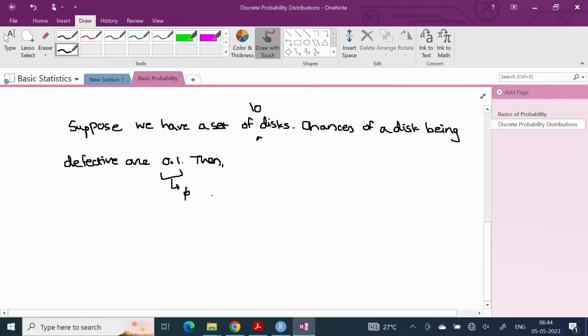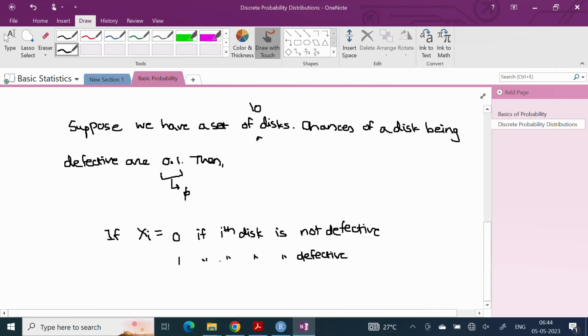So I will say that we define xi to be 0 if the ith disk is not defective, because 0 denotes the opposite of the event of interest, and xi is 1 if the ith disk is defective.